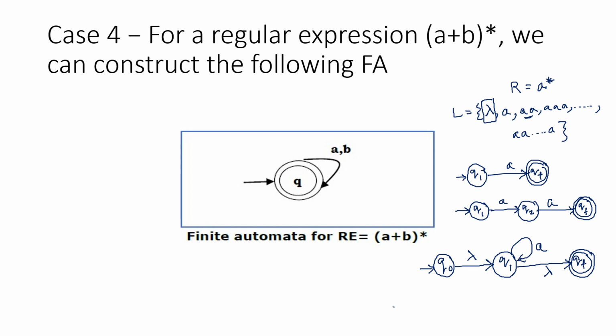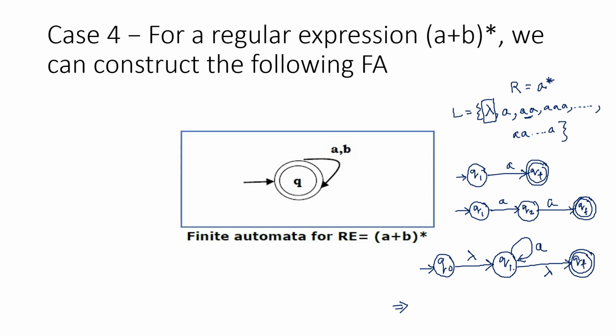Now, this particular NFA can be converted to a corresponding DFA. How can we do this? We can merge these three states to keep in a single state. Because if we are able to go from Q0 to Q1 without consuming any symbol, then why would I keep a separate state Q0 and Q1?